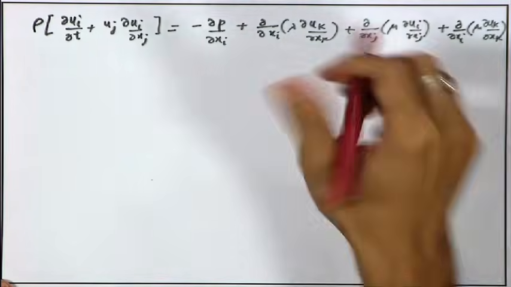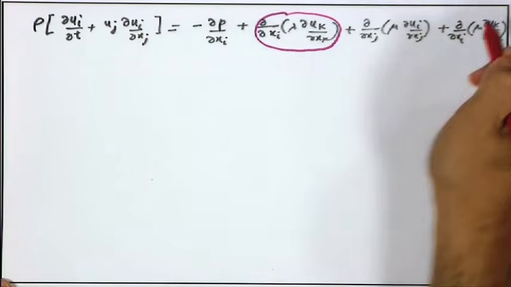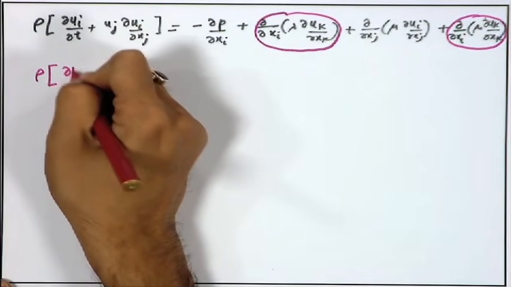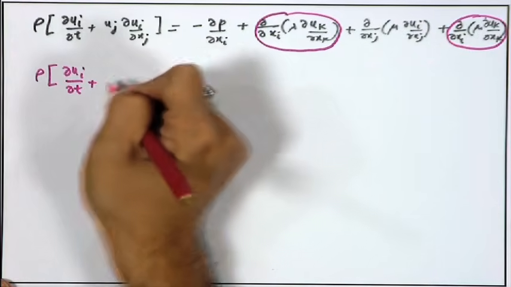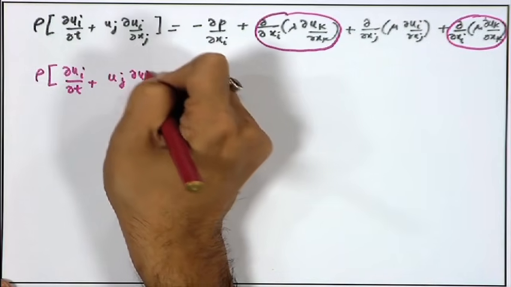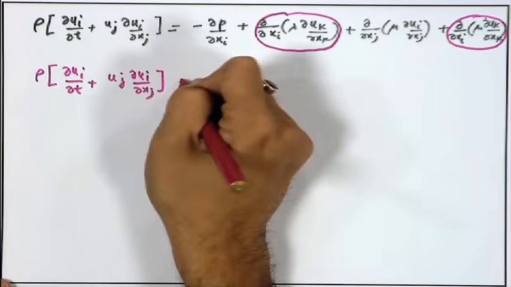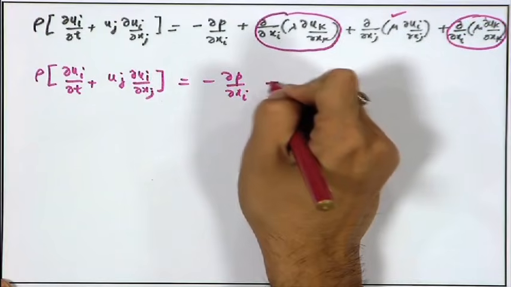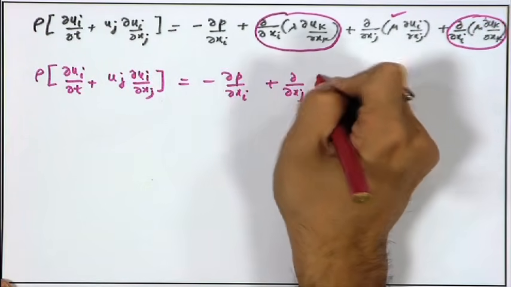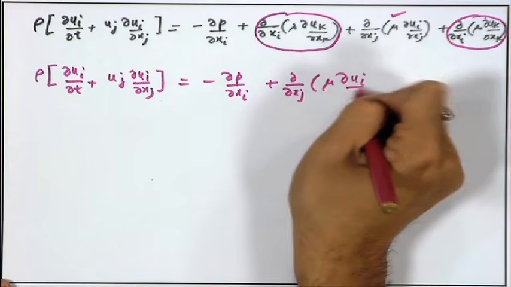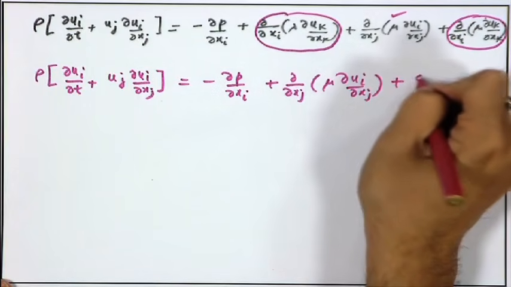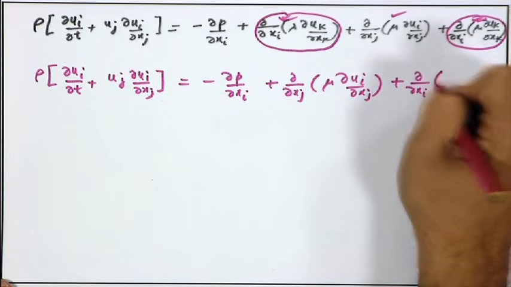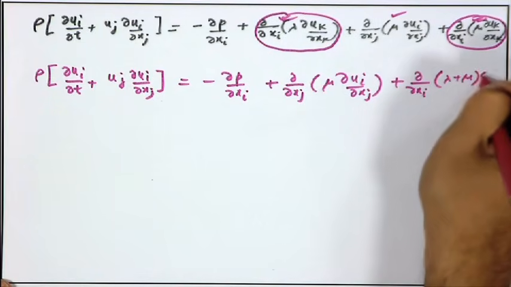So, now we can combine these two terms and write the equation: rho del u i del t plus u j del u i del x j is equal to minus del p del x i, we are writing this term first, plus del del x j of mu del u i del x j plus del del x i of this term plus this term, lambda plus mu, del u k del x k.